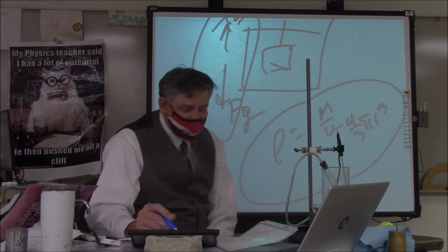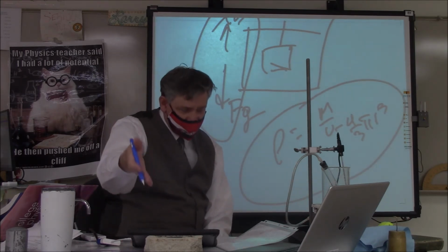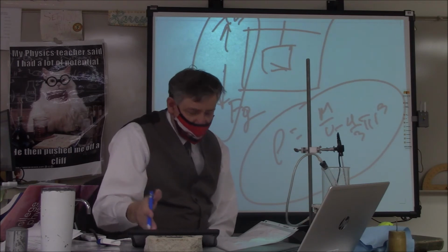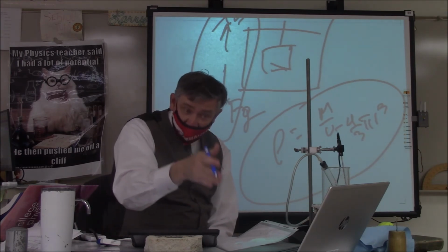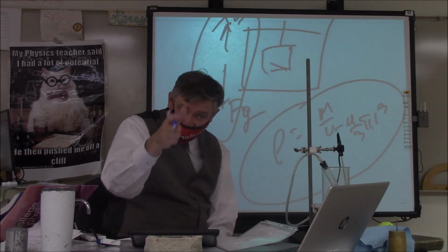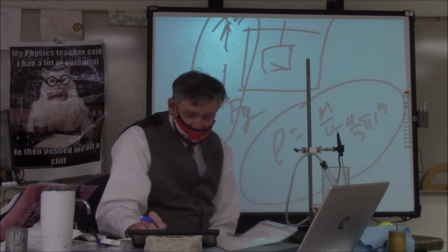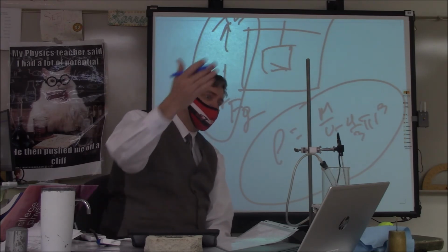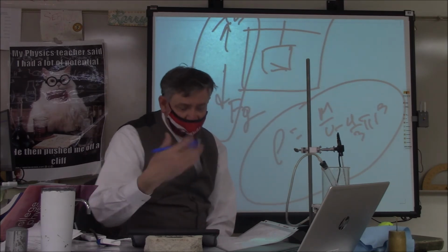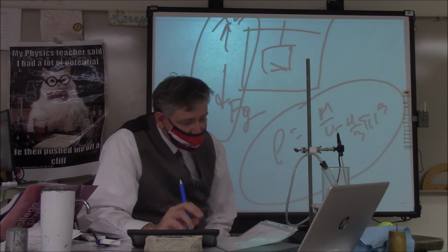So this is just a conversion problem. Take your mass, change that into kilograms. Take your volume and use the radius. Don't use the diameter, because they gave you the diameter. You have to use the radius. Then take mass divided by that volume, figure out that density, then look on your chart and figure out what fluid it is.